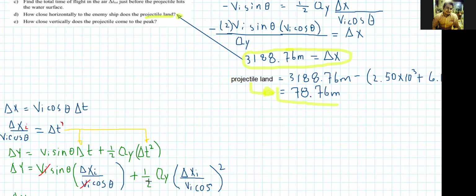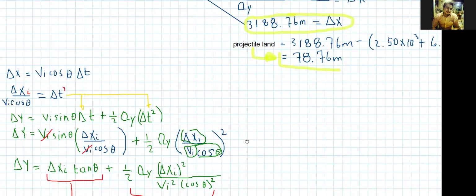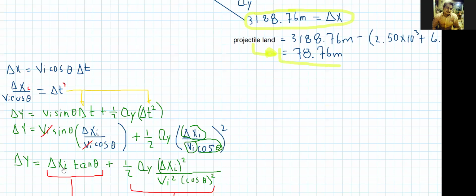Now here is a multiplication, where we have the initial horizontal displacement to the second power, initial velocity to the second power, and cosine of the angle to the second power as well. So this is what we have now.